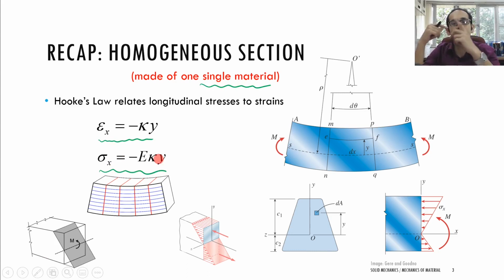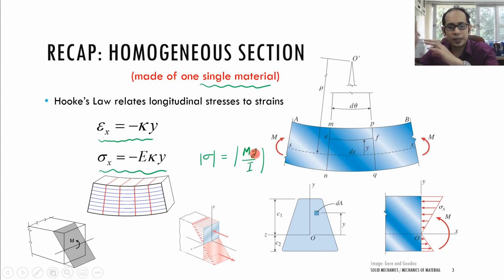These were the precursors to the formula we derived, that sigma equals M times y divided by I.